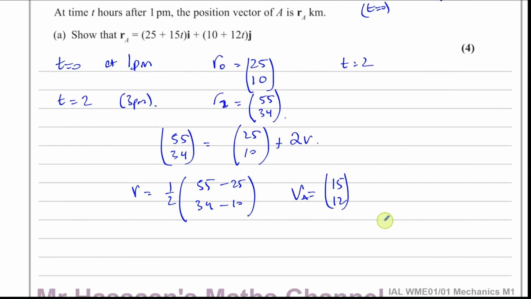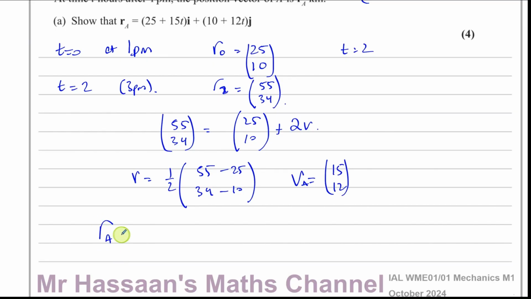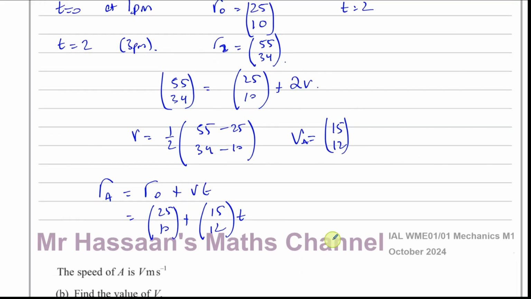So the position vector of A is R0 plus Vt, which is (25, 10) plus (15, 12)t. Written in terms of i and j, RA is 25 plus 15t, that's the i component, plus 10 plus 12t j, that's the j component.